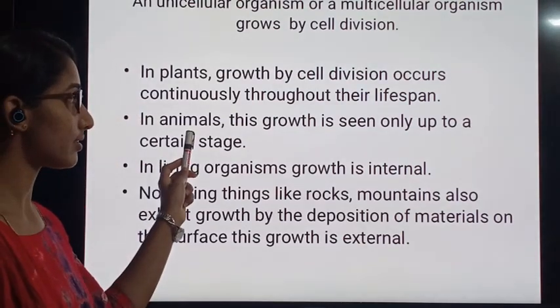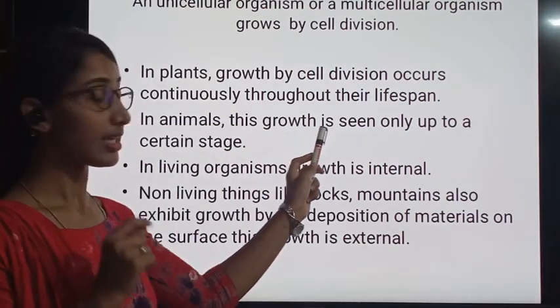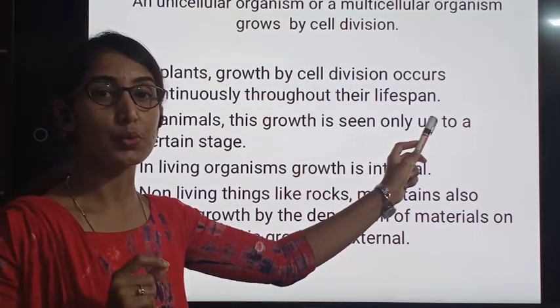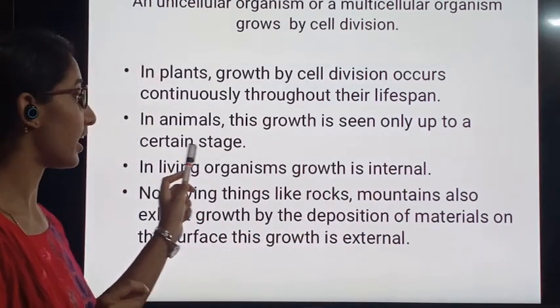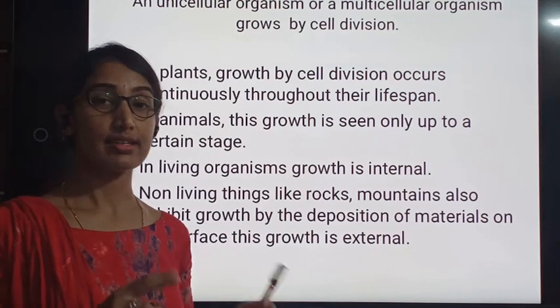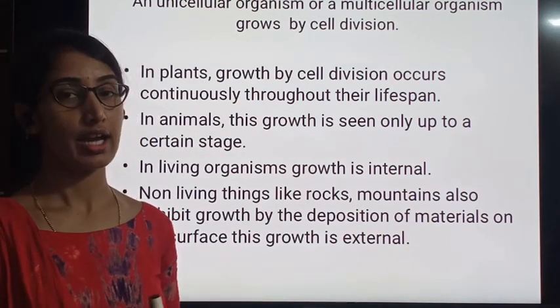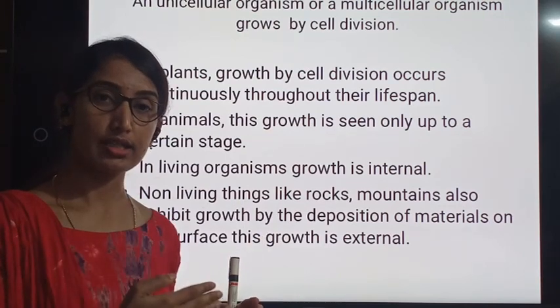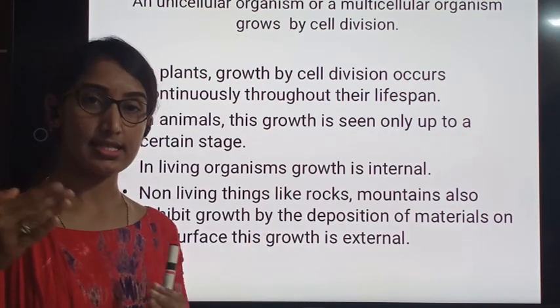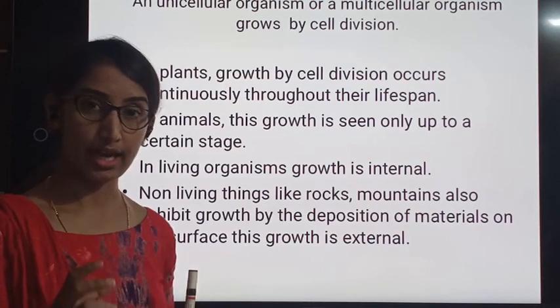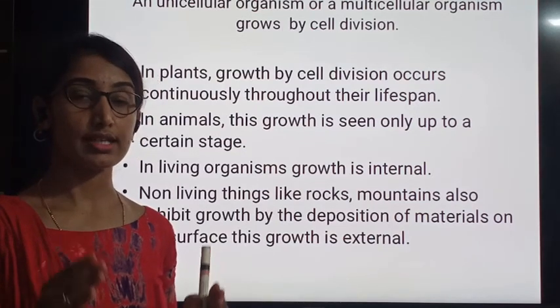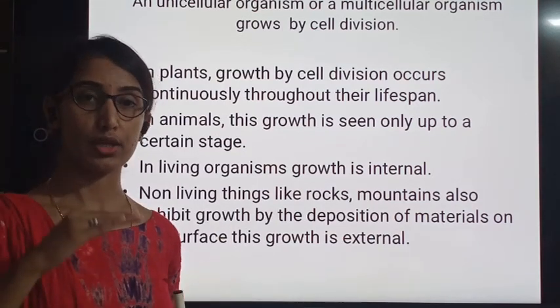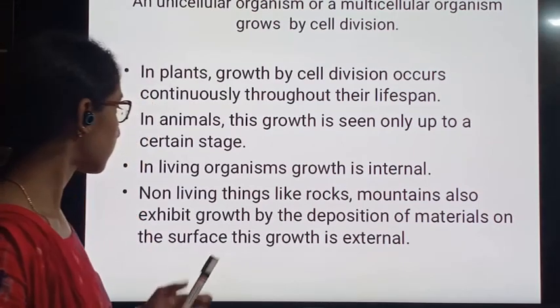In animals, this growth is seen only up to a certain stage, and hence there is a difference between plants and animals' growth. In plants, growth is a continuous process till their lifetime, but in animals, the growth ceases at a particular stage.